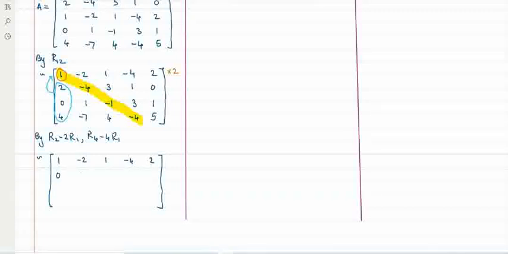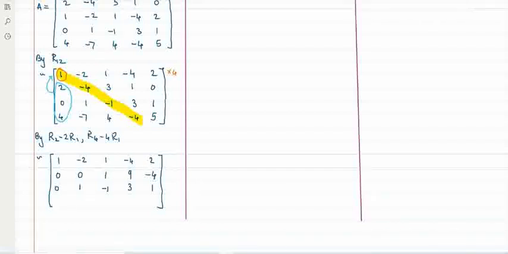Their subtraction. 3 minus 2. 4 minus minus plus 8. 0 minus 4. Verify the calculations. Third row remains same. 0, 1, minus 1, 3, 1. Now next you have to multiply by 4 and their subtraction.